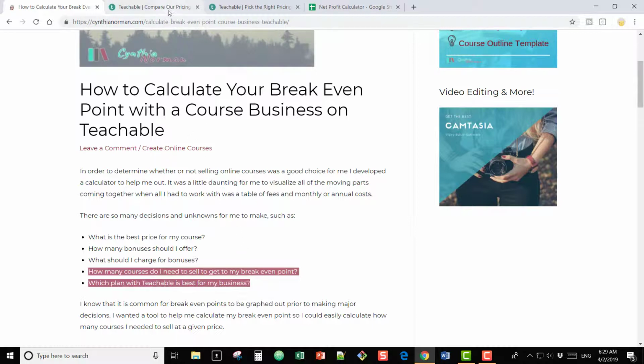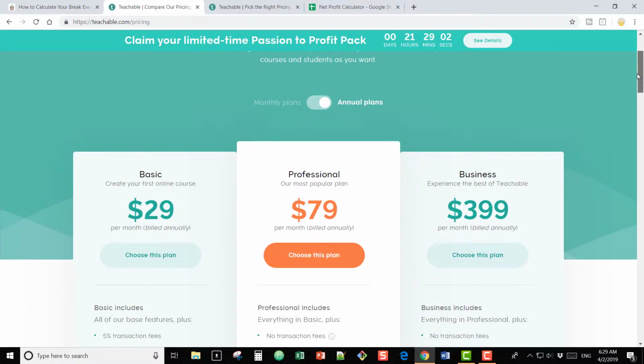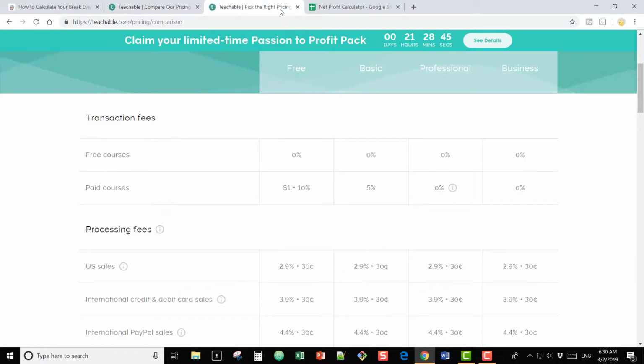So what I did was I went to Teachable and I took the data that they have in their pricing tables for both the monthly plans and the annual plans. And then I went over to the page that lists all their transaction fees and processing fees.